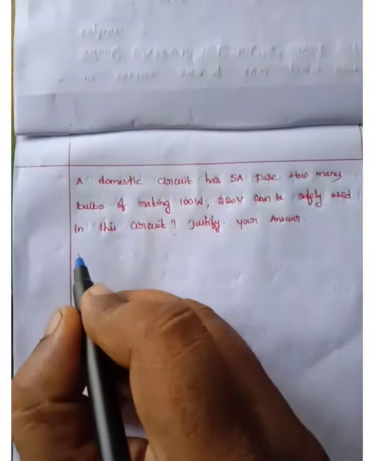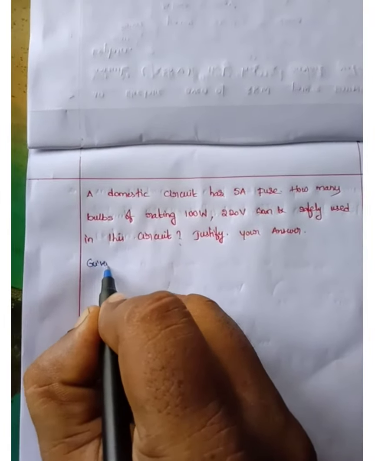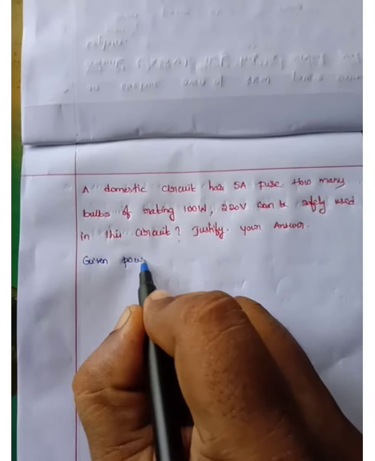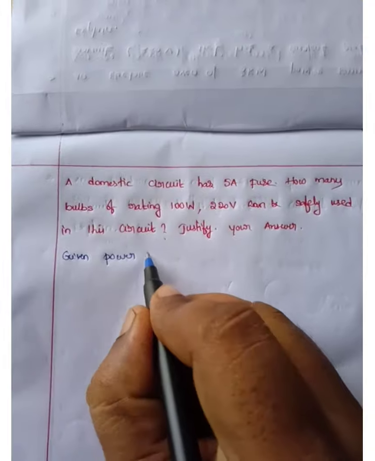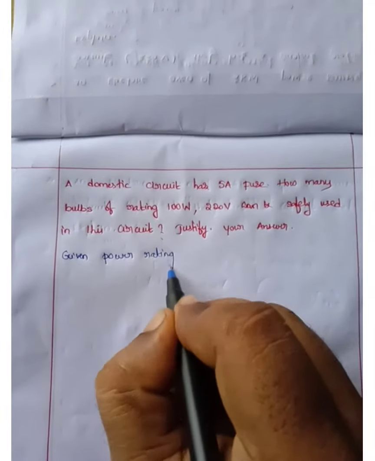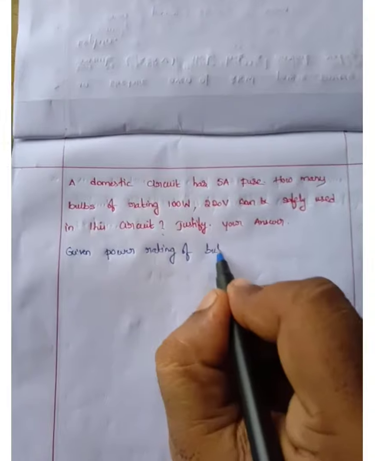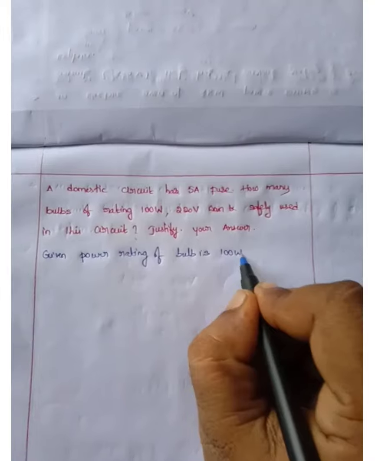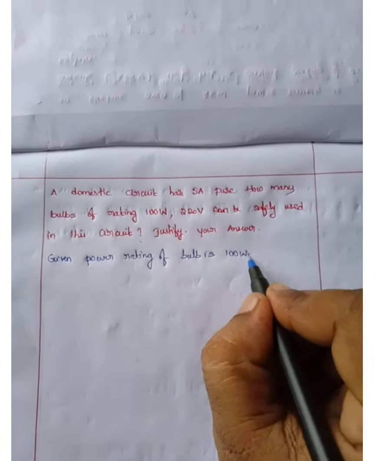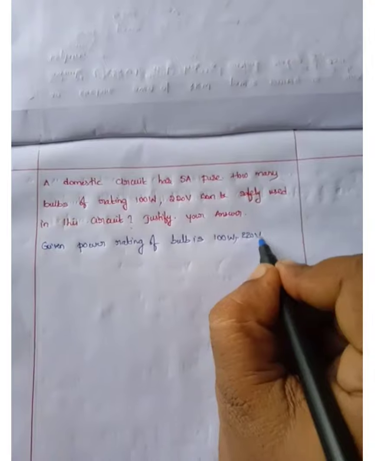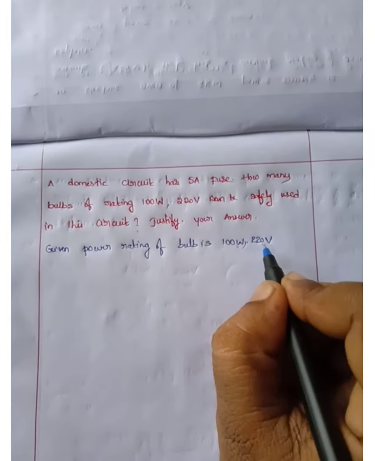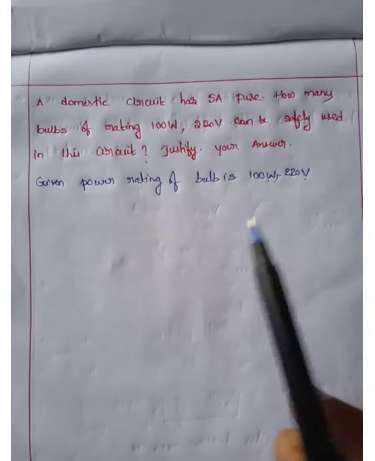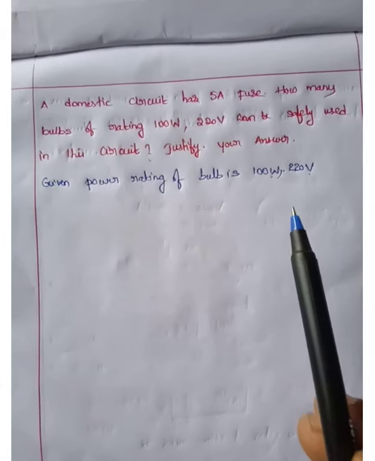In the given problem, the power rating of the bulb is 100 watts, 220 volts. Here W is power and V is voltage. So a bulb has 100 watts and 220 volts.